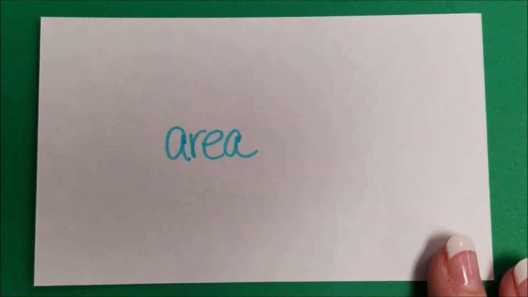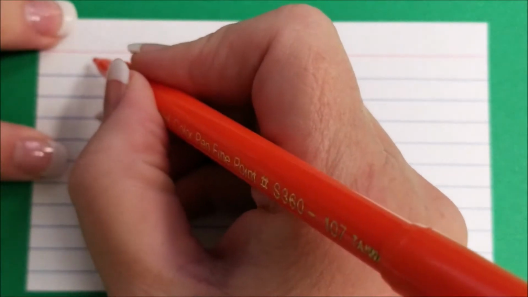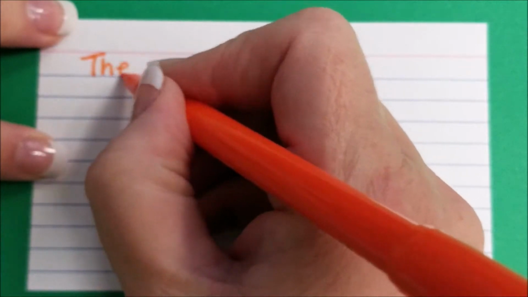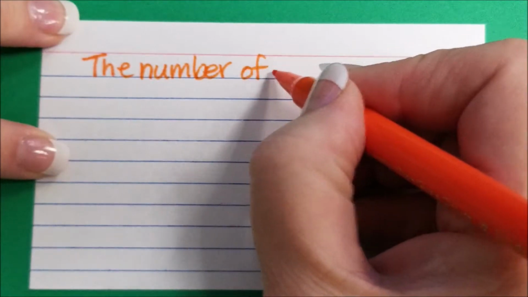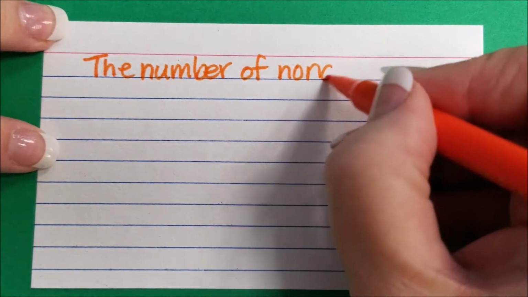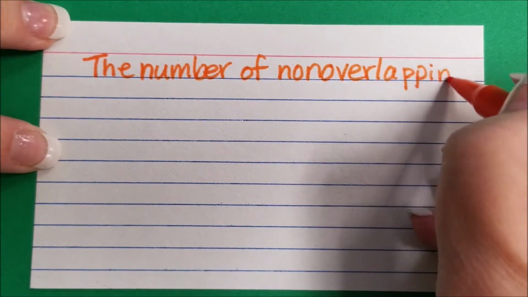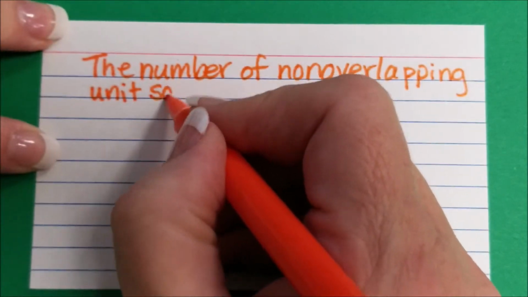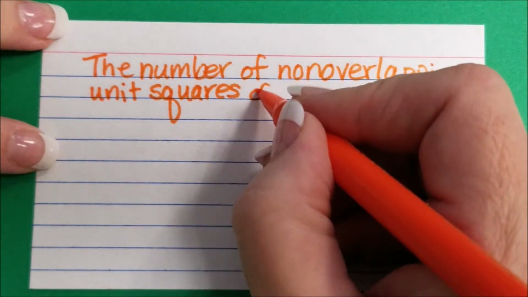An area of a figure has a very distinct definition. It's going to be the number of non-overlapping unit squares. So let me write that. The number of non-overlapping unit squares of a given size.